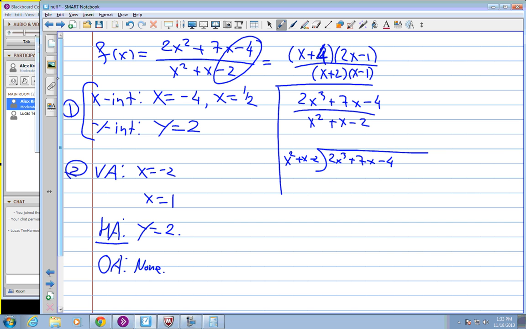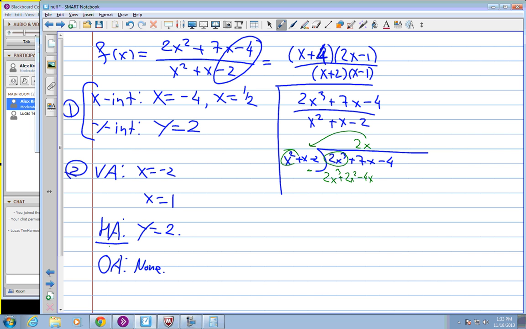The way we do the long division, we would divide the first terms. So 2x cubed divided by x squared is what? 2x, right? Then we'll multiply back. So that'll give us 2x cubed plus 2x squared minus 4x. I should have put a 0 in here because I'm getting a square term.